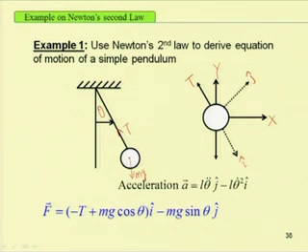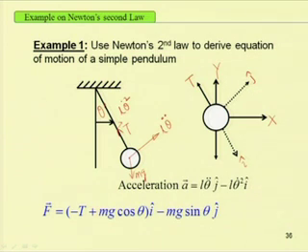If it is rotating by an amount theta, it has a tangential acceleration, equal to L theta double dot, and another term which is towards the center of rotation, equal to L theta dot square.